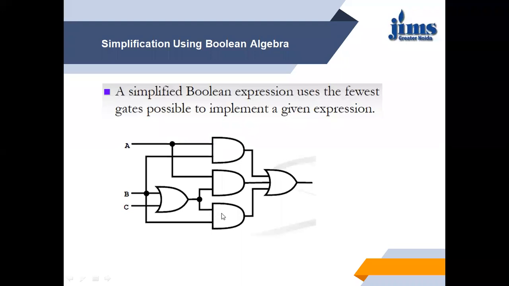Now the output of the third gate is B and (B or C), and all three outputs are combined with the OR gate. We get AB from the first gate, A(B or C) from the second gate, and B(B or C) from the third. In such a way, we can find the output of any circuit. If you are given any circuit, you can find the Boolean expression of that circuit.